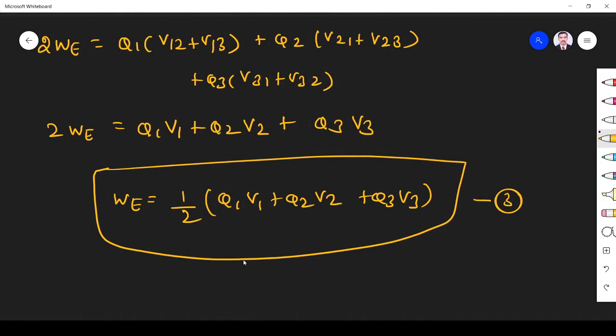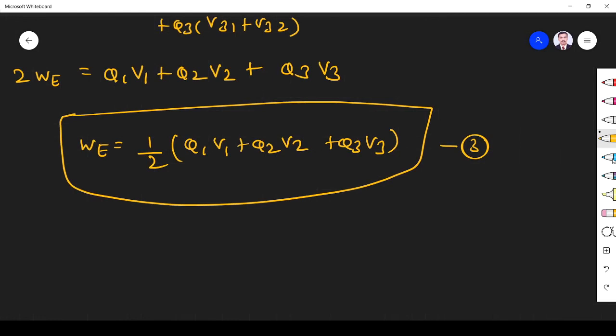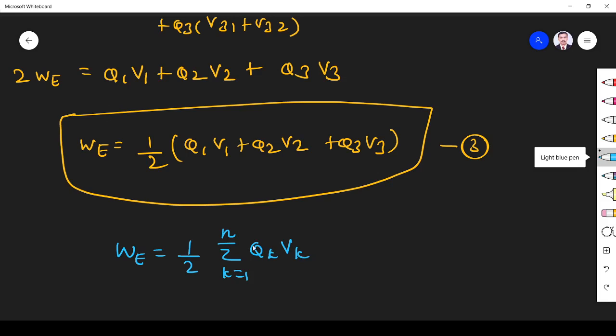So we know that V1, V2, V3 are the potential at point 1, potential at point 2, potential at point 3. So I can write, it is for 3 charges. For n charges, I can write WE equals 1 by 2 summation k goes from 1 to n of QK VK, for n charges.